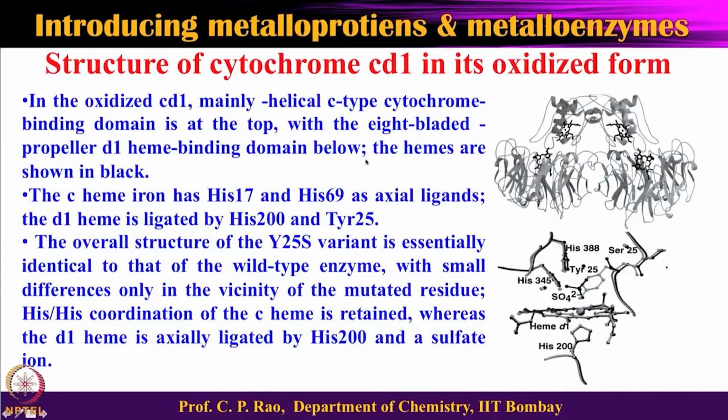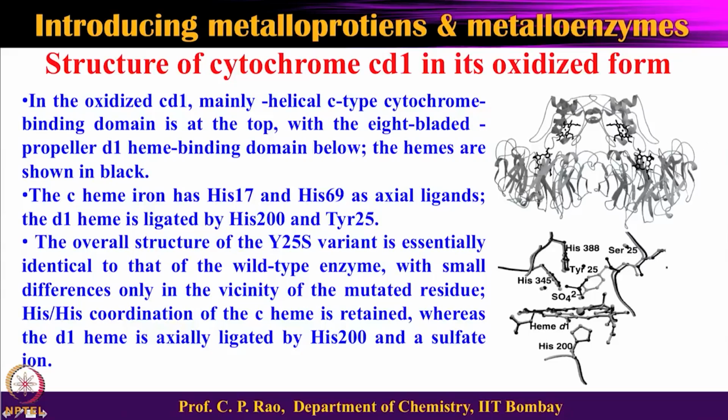Okay, so let us look at some structural aspects of this cytochrome cd1, or nitrite reductase enzyme cd1, in its oxidized form. In the oxidized form of the cd1, the mainly helical c-type cytochrome c domain binds the one domain which is below. You have two types of domains: domain 1, which is the D1 over there, and then the cytochrome c type, which is involved on the top, and the D, which is over here.